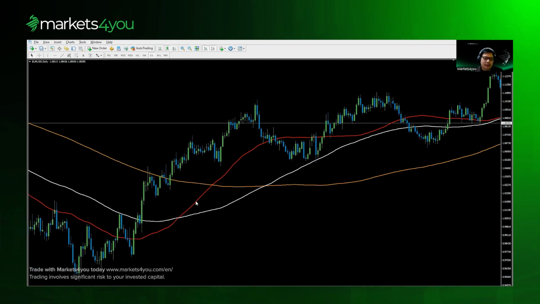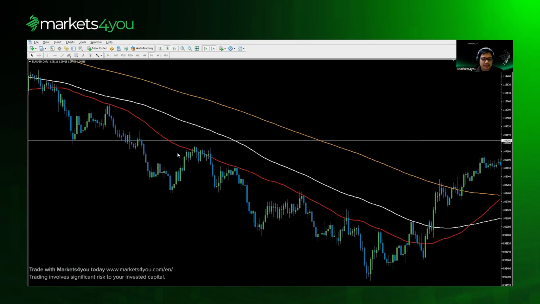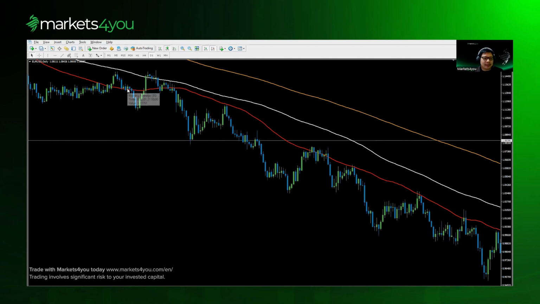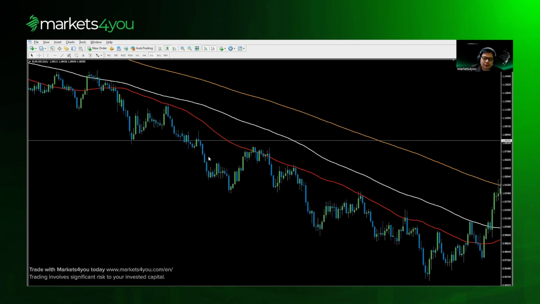Now, how about if the price is moving above the short term? You can see that the price is now moving above the short term, but it is rejected by the medium term and it will go lower. So we can say that the short term can be the resistance here. It can be the resistance or the support.